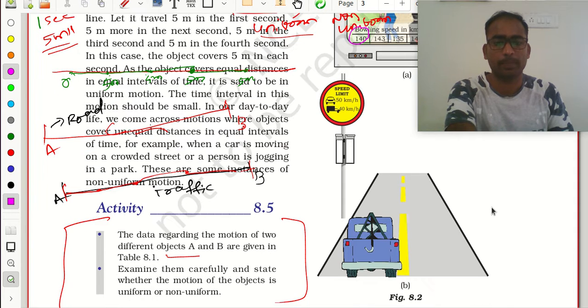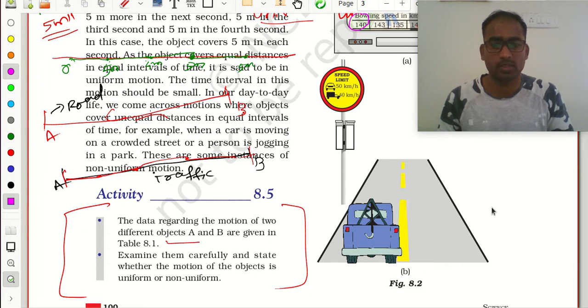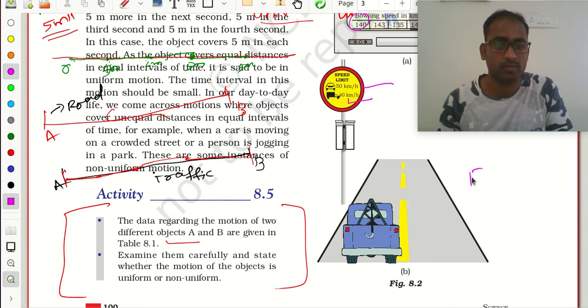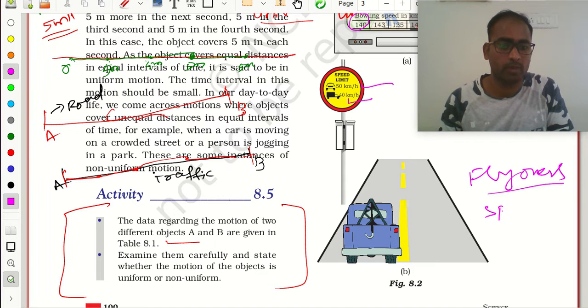And if you see on highways, near some toll gate or any speed limit area, there will be a limit of 50 km per hour for a car, or some 40 km per hour for a truck. Mostly we can see this on flyovers. On flyovers the speed limit will be there.